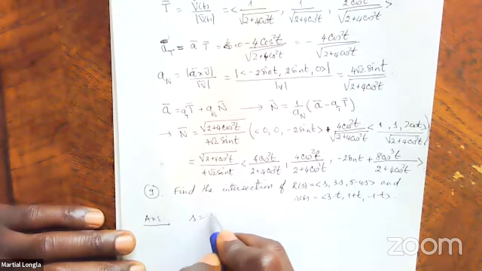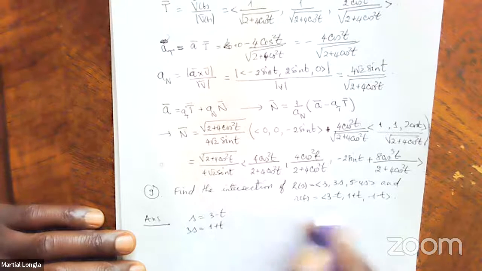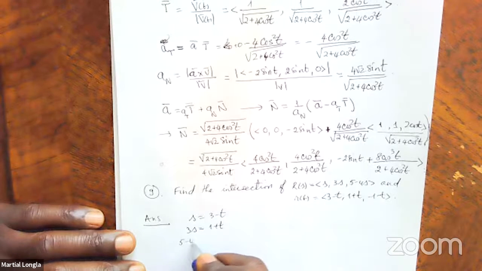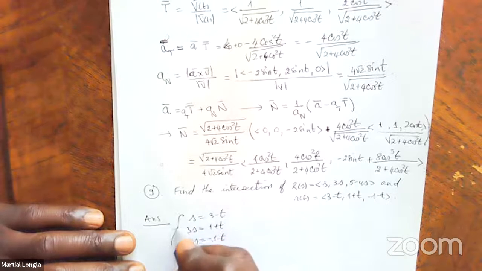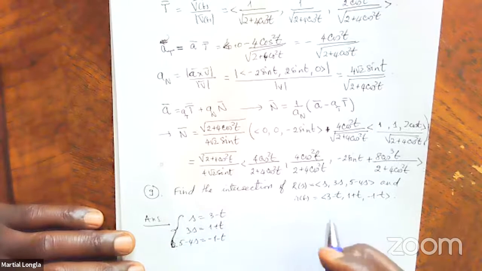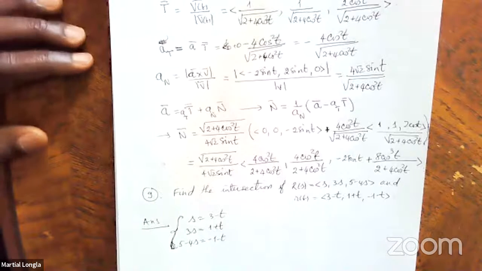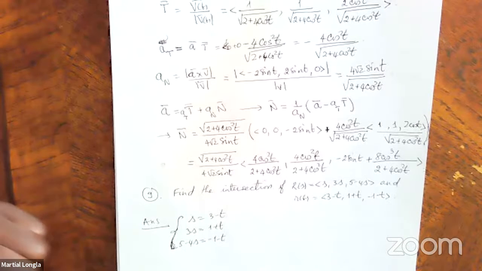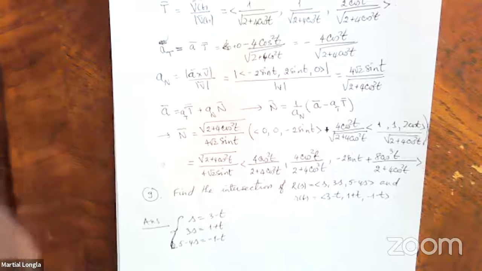So S is 3 minus t, 3S is 1 plus t, and 5 minus 4S is minus 1 minus t. So that's the system that must have a unique answer or many answers for you to say what the solution to the problem is. If you don't find a solution, then there is no intersection. You find one, then it's 1 point. If you find many, then the two lines are the same.